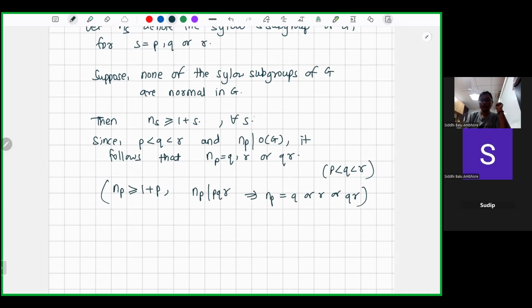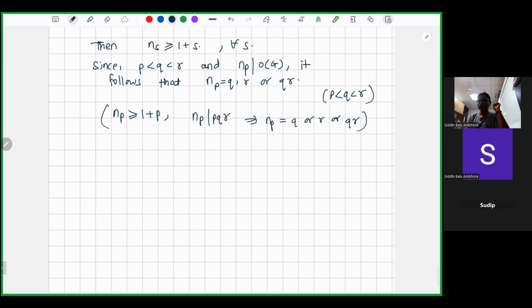And this is because I am assuming that none of the Sylow subgroups of G is normal in G. Okay, so this information I have so far. So then Q must be less than or equal to NP less than or equal to QR.